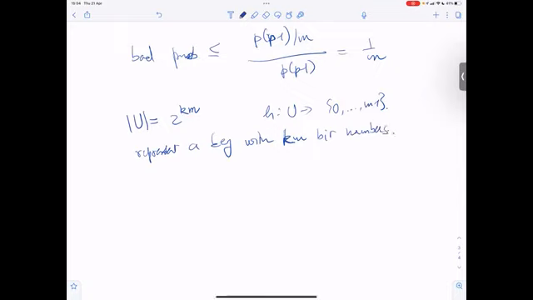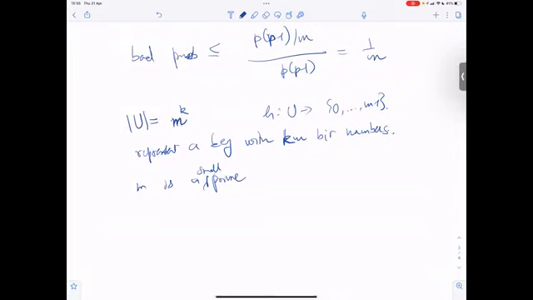I'm making mistakes. Give me a second. Not 2 to the k, sorry, I made a mistake. Let me say M to the k. Think of M as a prime, a small prime, and your universe is of size M to the k.